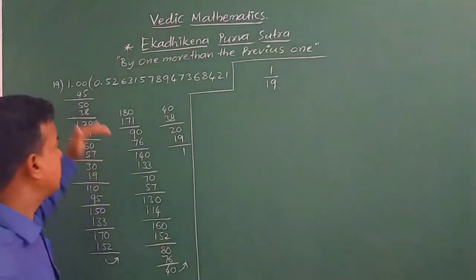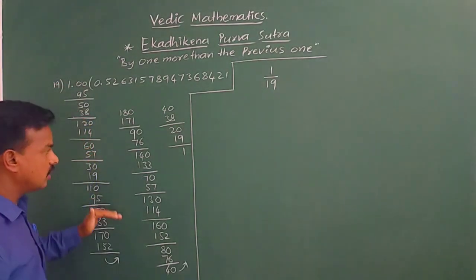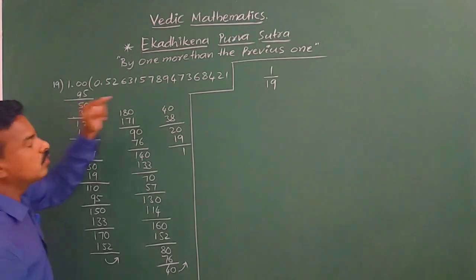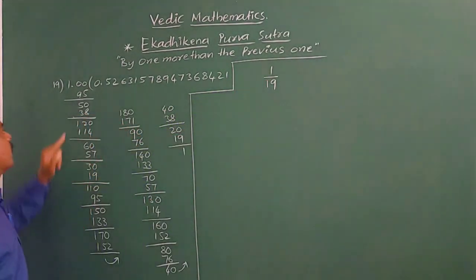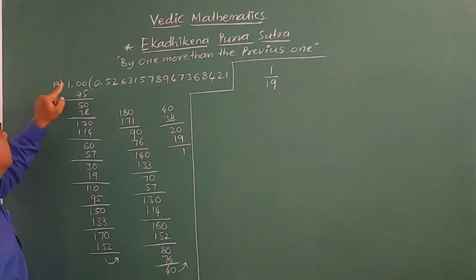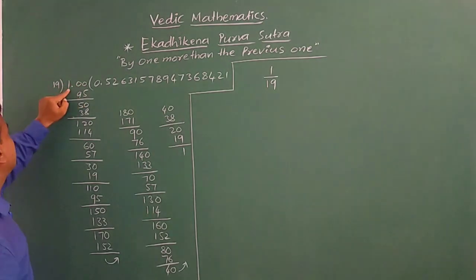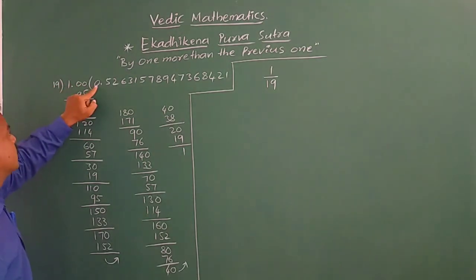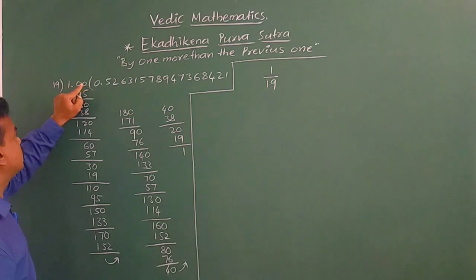Once you see here, this is the current method. In the current situation, we have to do this division, that means 1 divided by 19. If you do this, we keep 19 and 1.00. 1 is not going in the 19 table, that's why 100, and next to 2 zeros we bring down 1000.